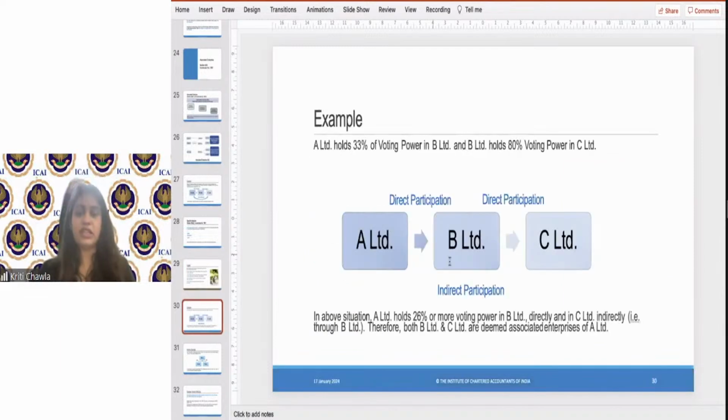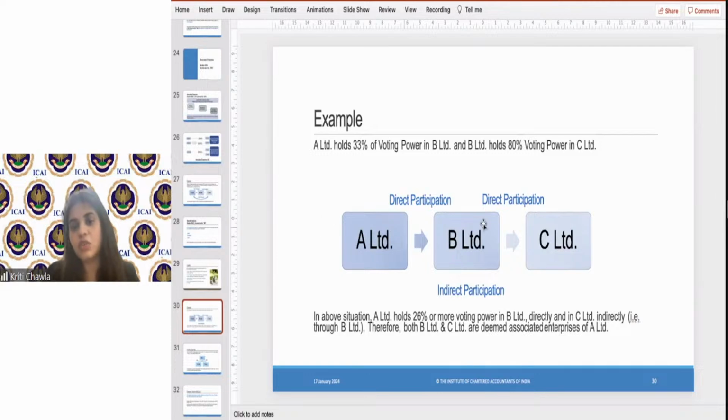Let's take this particular example. A Limited holds 33% voting power in B Limited, and B Limited holds 80% voting power in C Limited. When I say voting power, it means equity share capital. So in this situation, company A will be related to company B because 33% is more than 26%.